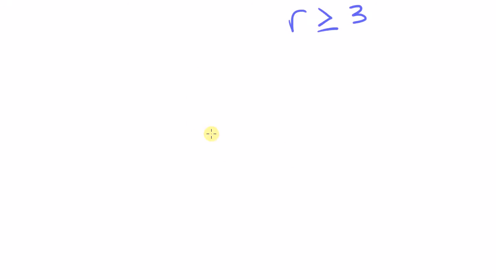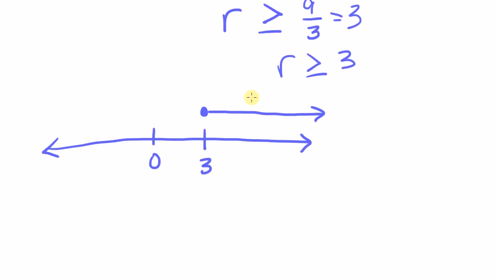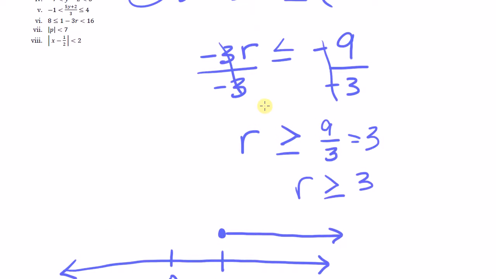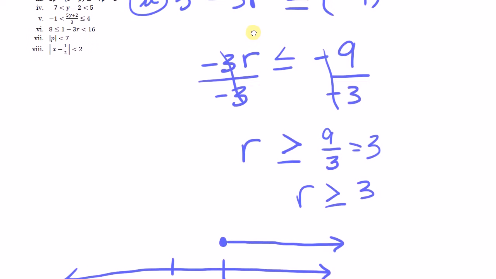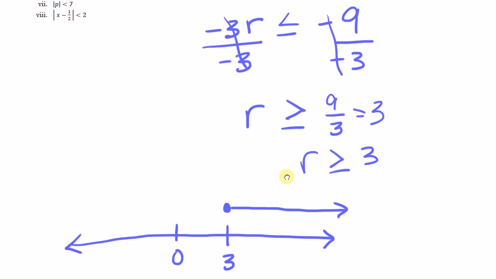All right, so let's graph the solution set. Draw this line. Draw 0. I'll draw 3. And it does say it can be 3 because it says equal to, but it has to be greater than or equal to 3. And again, I want to go up here and plug in a value. So let's plug in 0. Is 5 less than negative 4? Absolutely not.